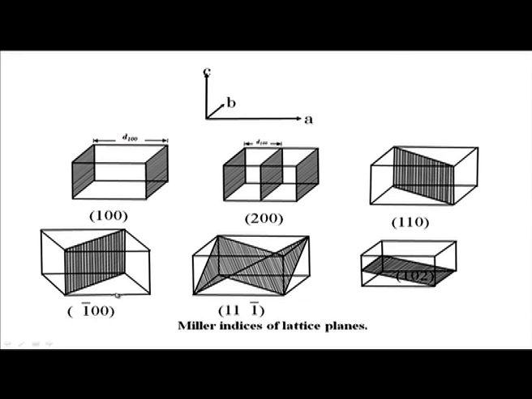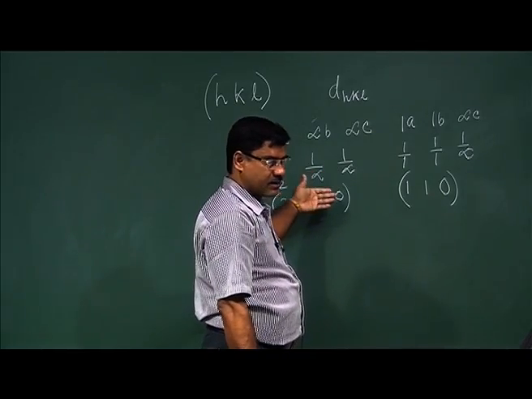So, this is the a axis, say this is the b axis, and this is the c axis. Okay. So, in this case we are telling (1 bar 0 0), as it intersects at the negative side of this a axis, as I mentioned already.